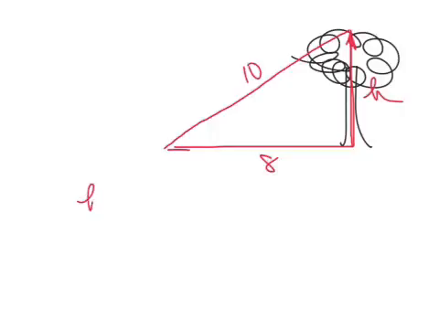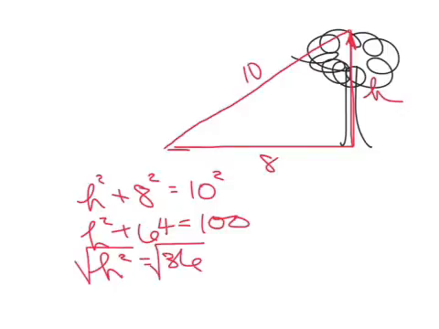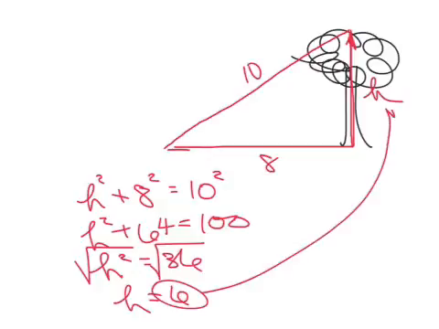So if we take the height of the tree that we don't know and square it, plus the other short side squared, we get the hypotenuse squared. So h squared plus 64 equals 100. So h squared equals 36. Square root of both sides, the square root of 36 is 6. So I know this tree is 6 feet high.